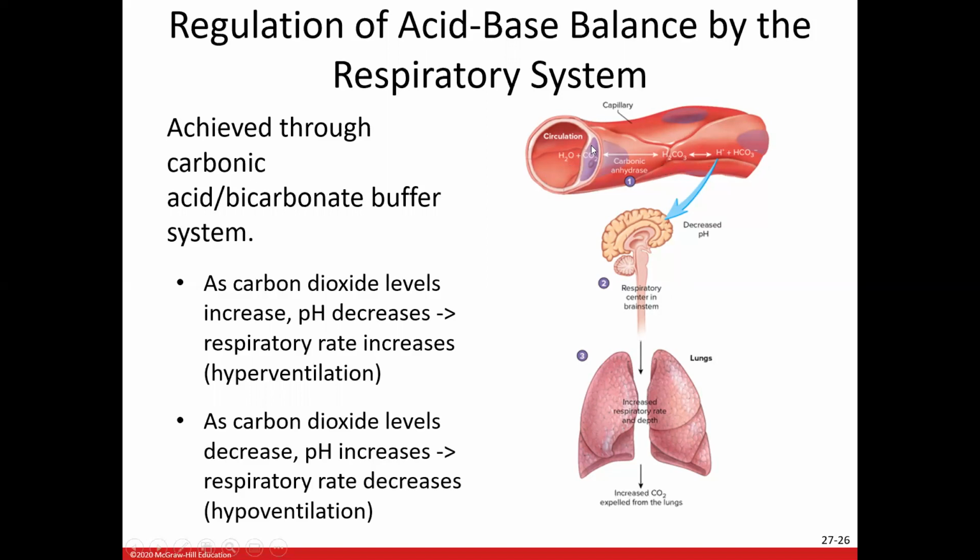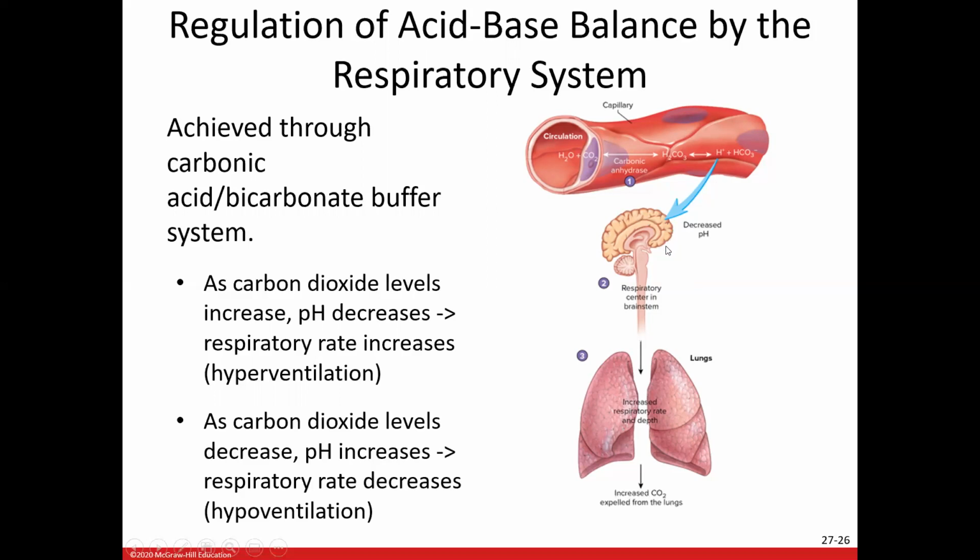When carbon dioxide levels get really high, higher than they need to be, we know that the pH is going to drop because we have a lot more hydrogen ions in the solution. When that happens, so things are getting a little too acidic, that's going to signal the brain, specifically the respiratory center.